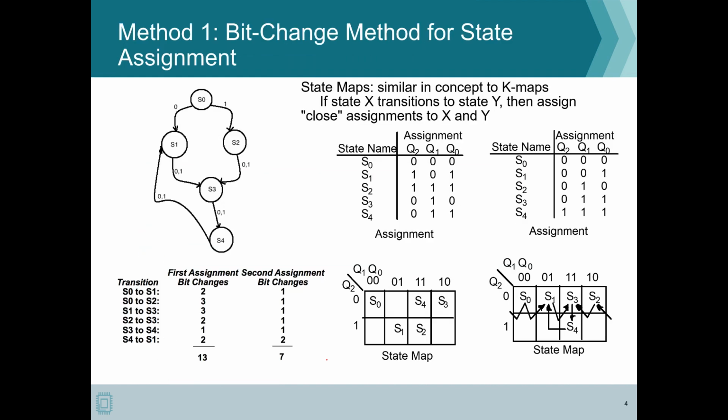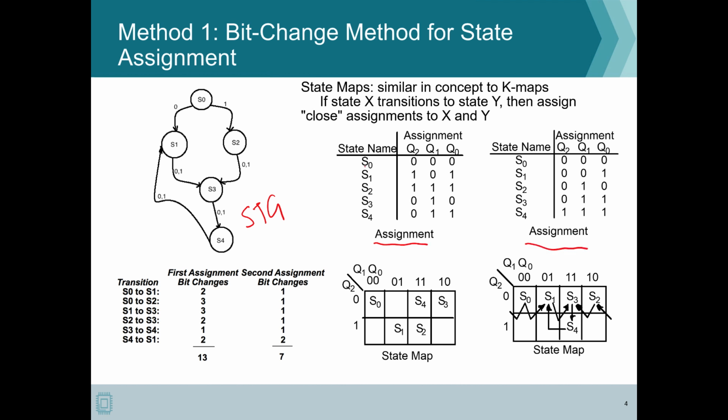So how do we go about assigning these codes to our states? So here is again a simple state transition graph that is given, and so we can see there are 2 assignments that are possible. So here is one assignment and this is our second assignment.